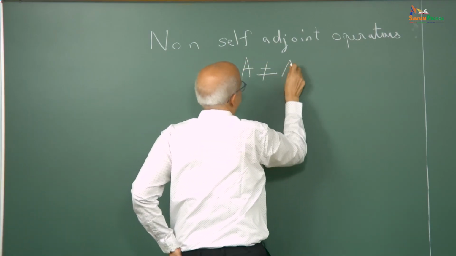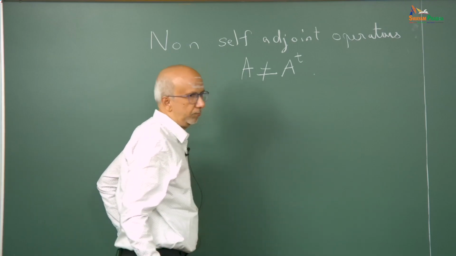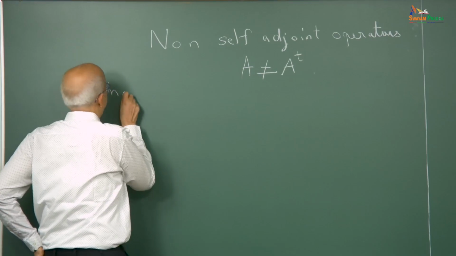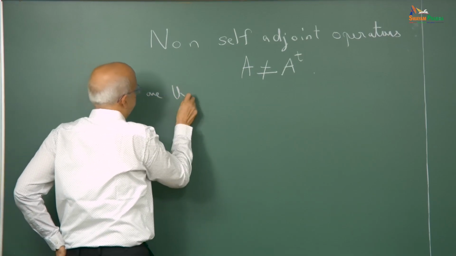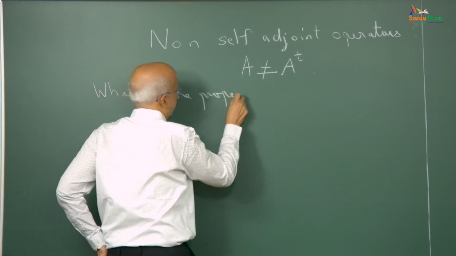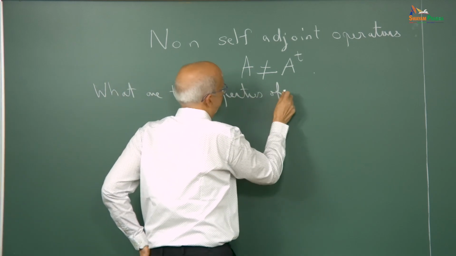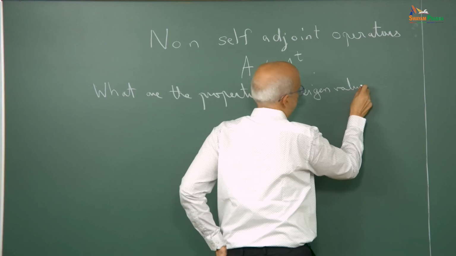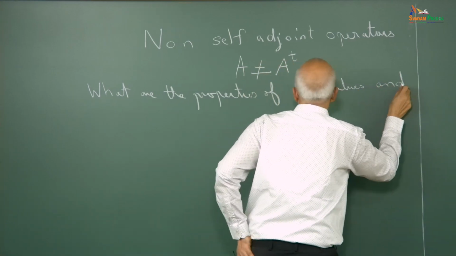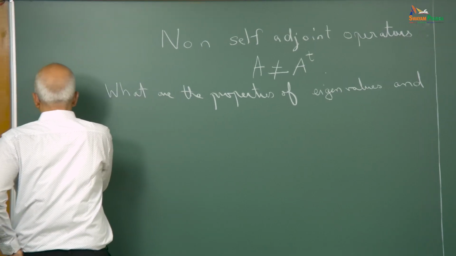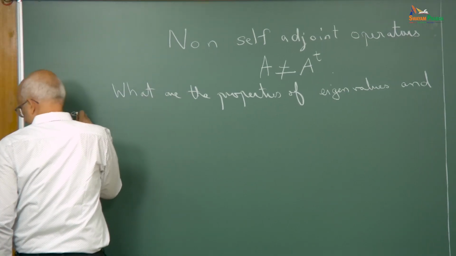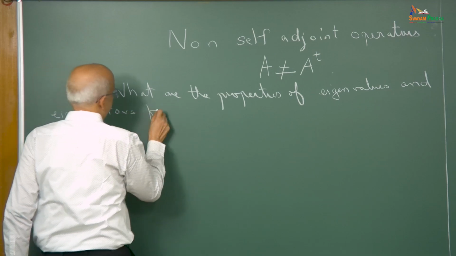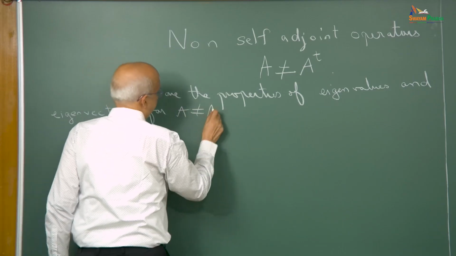A is not equal to A transpose, okay, and what are the properties of the eigenvalues and eigenvectors for A not equal to A transpose.